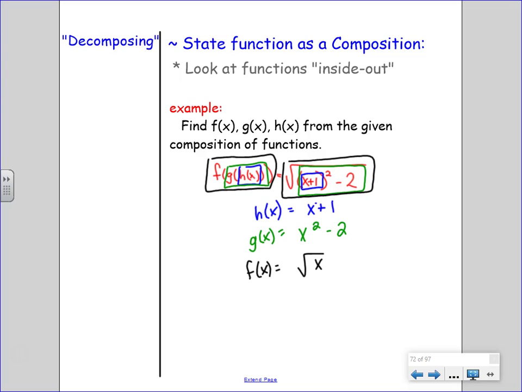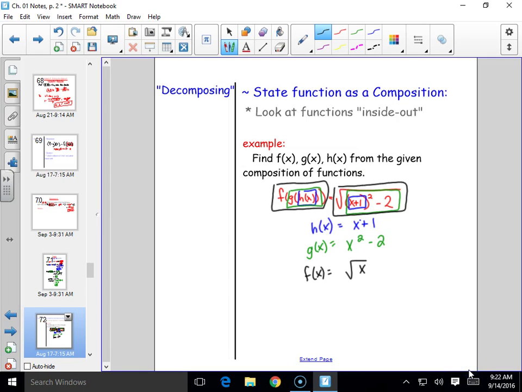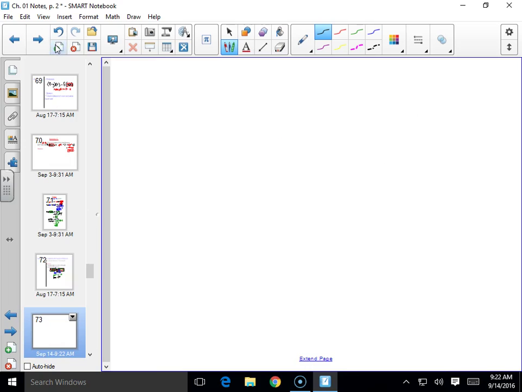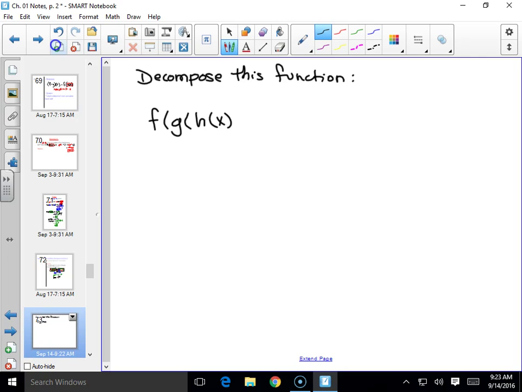Ready? Let's do one more, and you do it all on your own, in the sense that you can work with your groups, but not with me until the end. I want you to decompose this function, which basically means I'm giving you f of g of h of x.